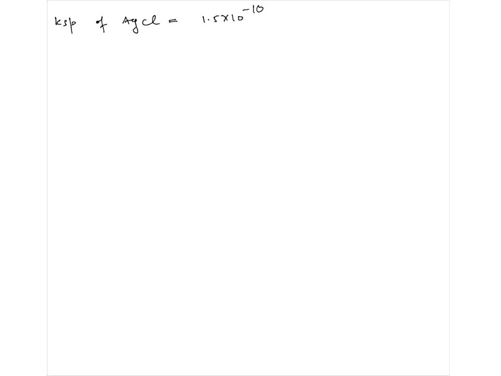You know, if K is less, it means the right side is less favored. We want solubility in water, pure water. We want solubility in water first.